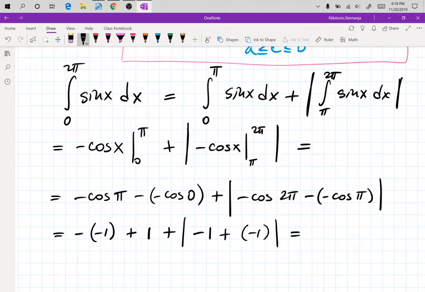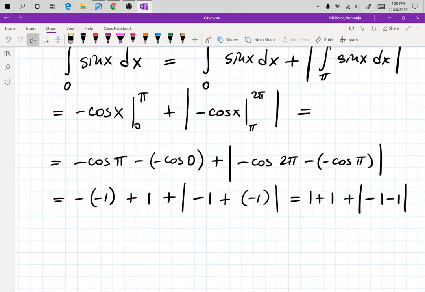That's just a lot of chasing around. So you have 1 plus 1 plus absolute value of minus 1 minus 1. This is 2 plus absolute value of negative 2, which works out to be 4.